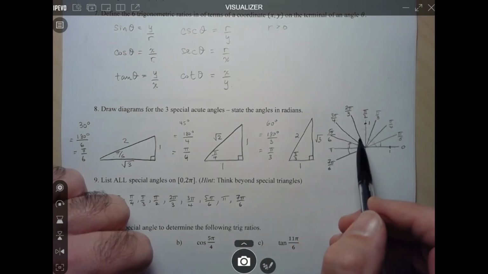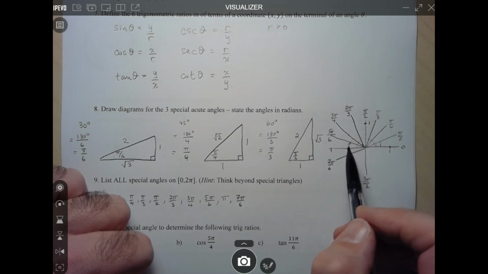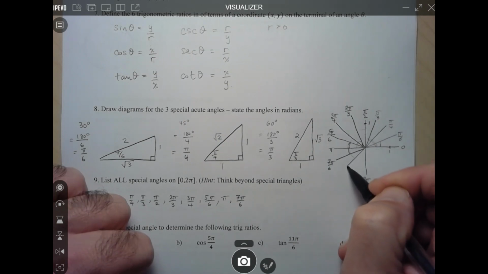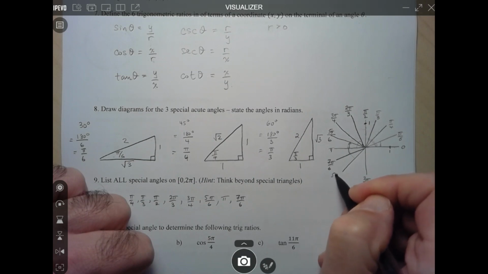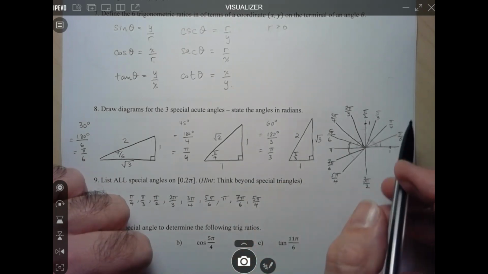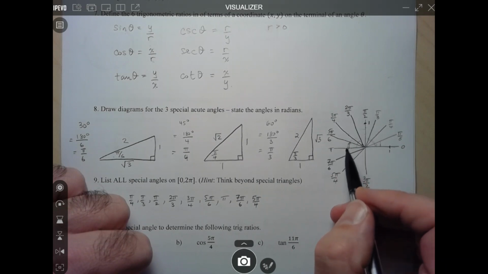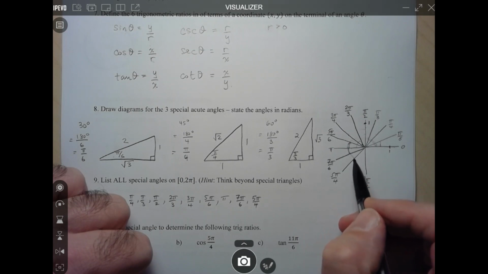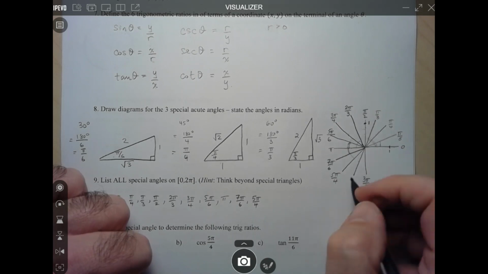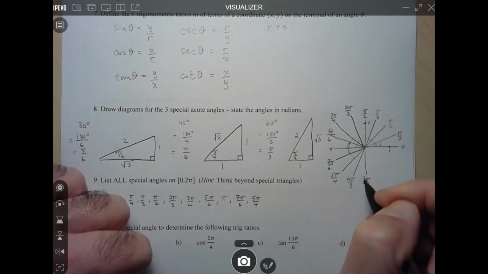So instead of thinking of 180 or pi as pi, I'm going to think of it as 4 pi over 4 plus another pi over 4, like another 45 degrees, and that brings me to 5 pi over 4. And there's my next one. And this is how I'm going to just keep going. Here, instead of being pi, I'm going to think of this as 3 pi over 3 plus another pi over 3. That's like another 60 degrees. And that brings me to 4 pi over 3.